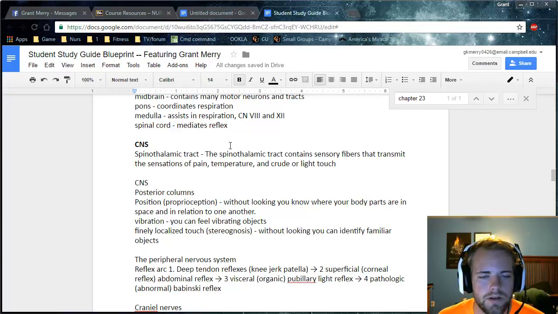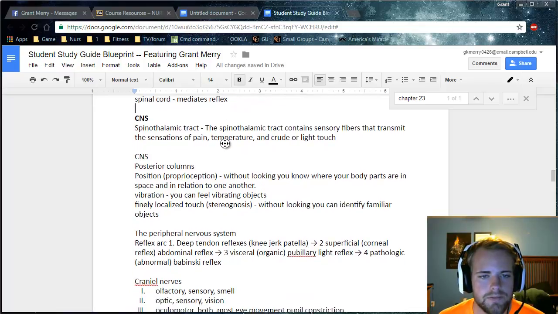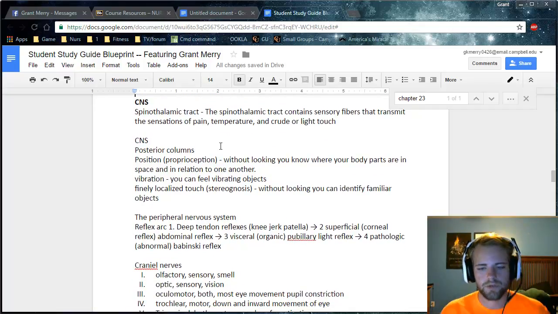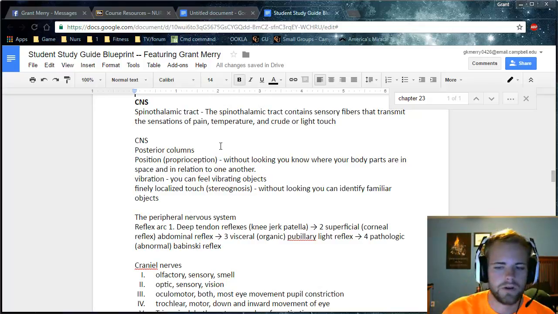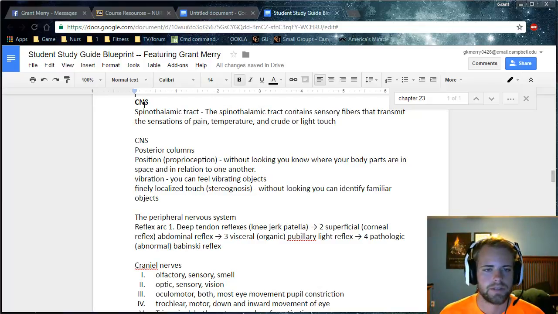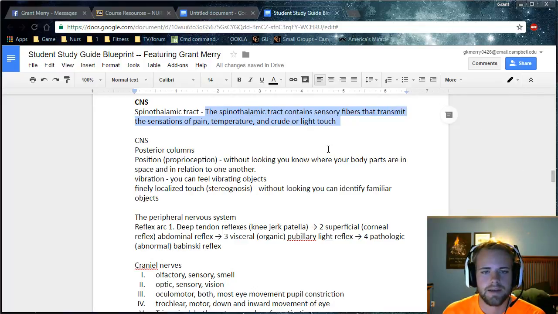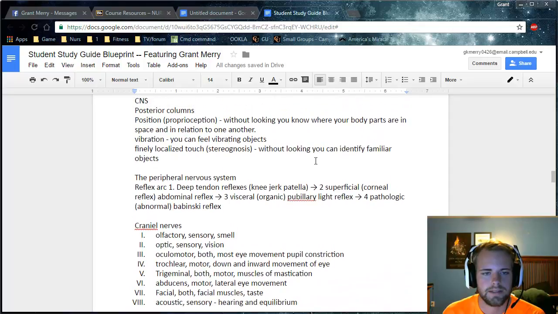The spinal cord mediates reflexes. You don't think, you just act with reflexes, so the spinal cord is the primary receptor for those. The central nervous system includes the spinothalamic tract, which contains sensory fibers that transmit the sensation of pain, temperature, and crude or light touch.